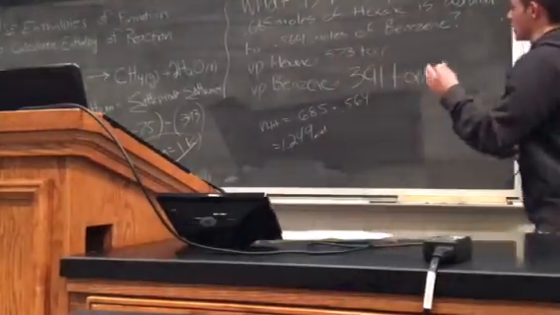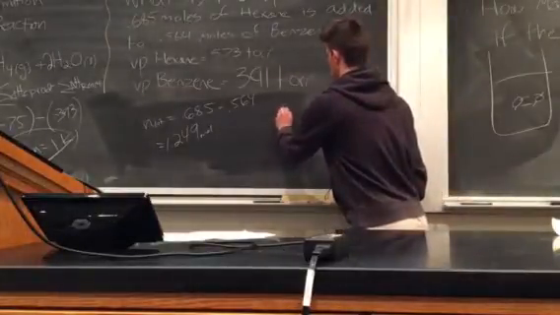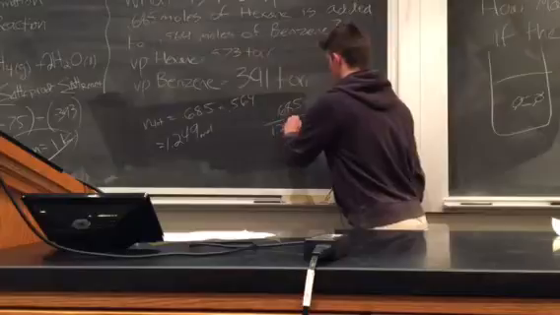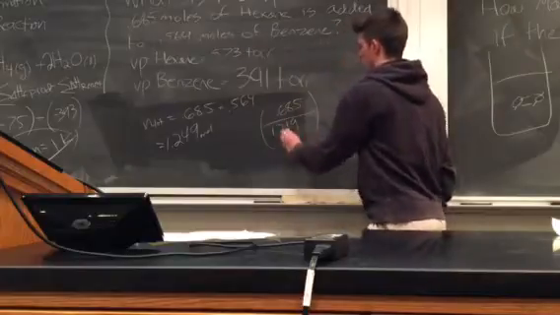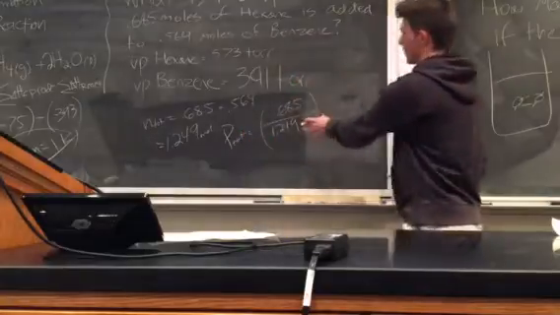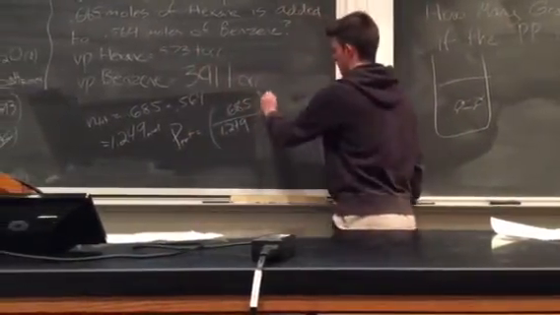Now you're going to take the moles of hexane and divide that by that. So that would be 0.685 divided by 1.249, and you're going to multiply that by the normal vapor pressure of pure hexane, so that'd be 573.